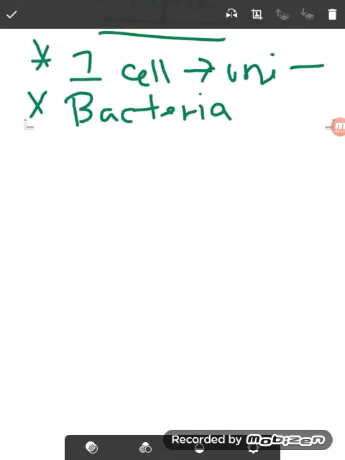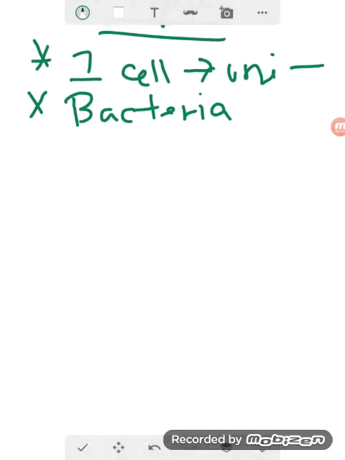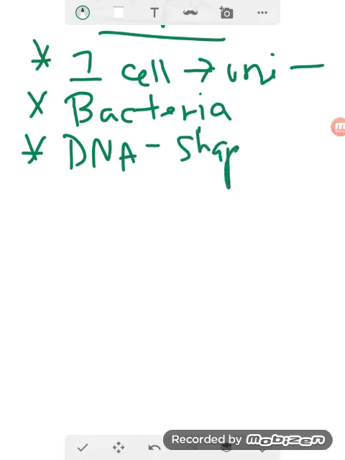They have a couple other characteristics. So besides bacteria cells being one cell big, and these are prokaryotes, their DNA, right? We can talk about it. Their DNA, its shape is important. Its shape is circular.